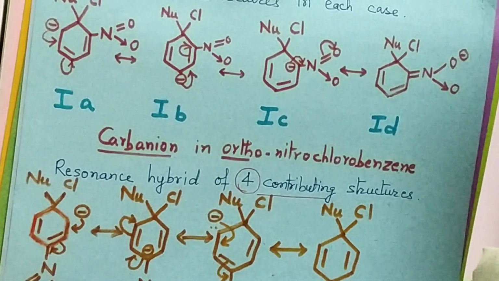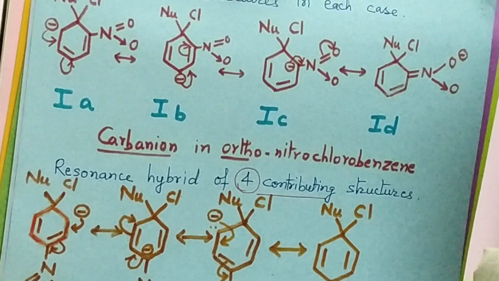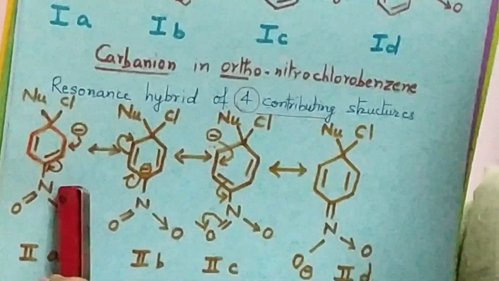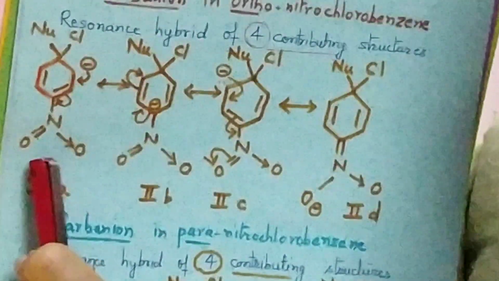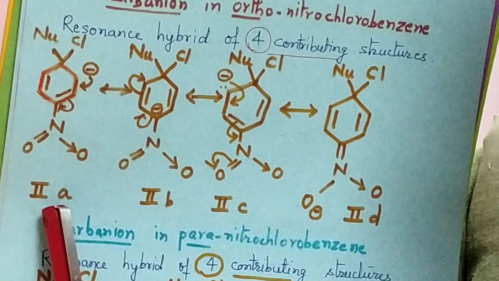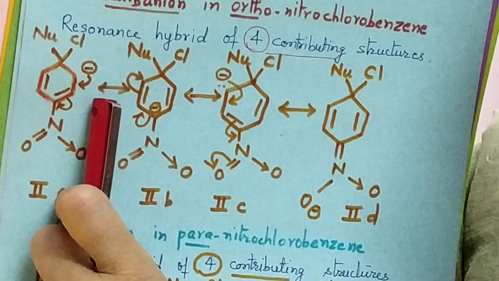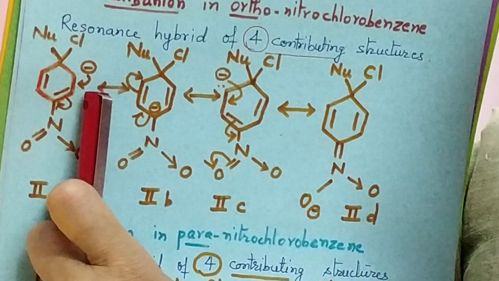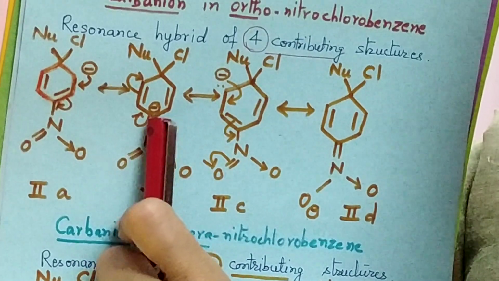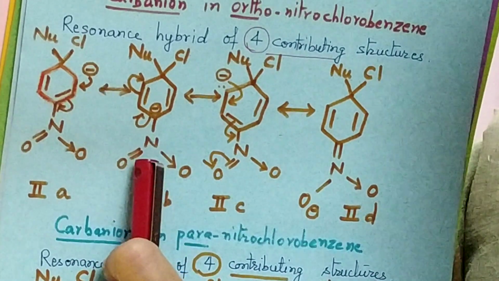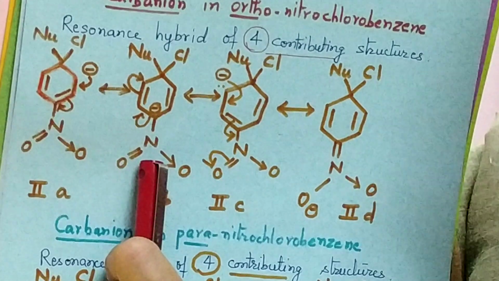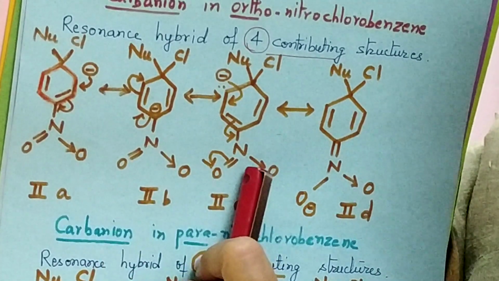Next, let's take up the case of para-nitrochlorobenzene. The carbanion formed from para-nitrochlorobenzene is like this, that is structure number 2A. Here the negative charge which is present here again moves in a manner in which, in one of the structures, the negative charge comes onto that carbon which directly bears the nitro group.